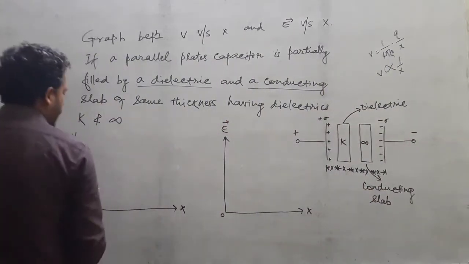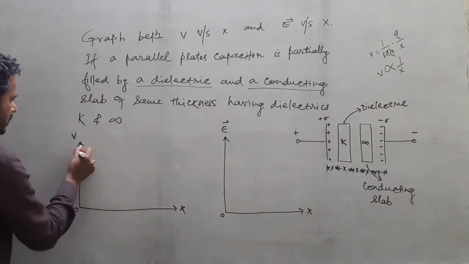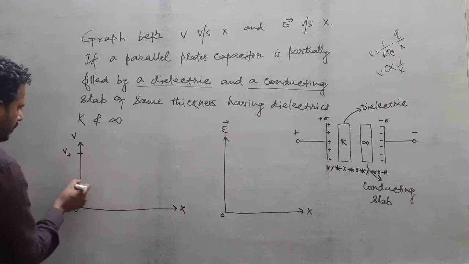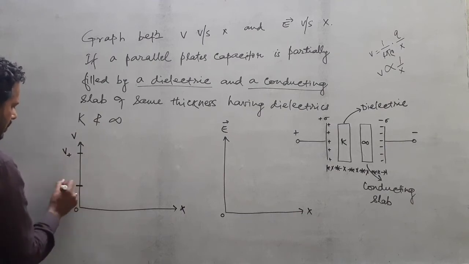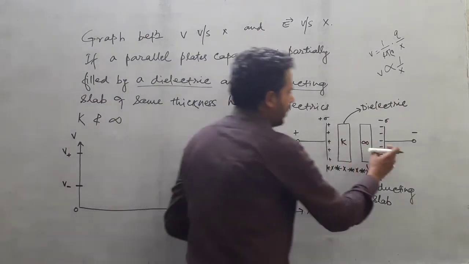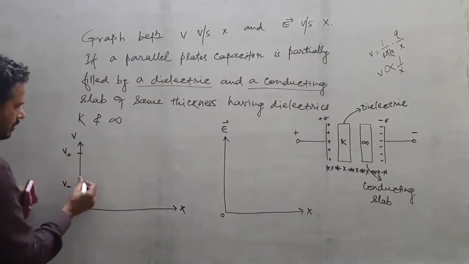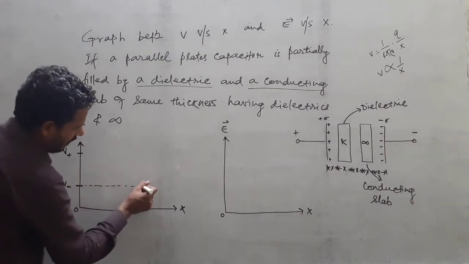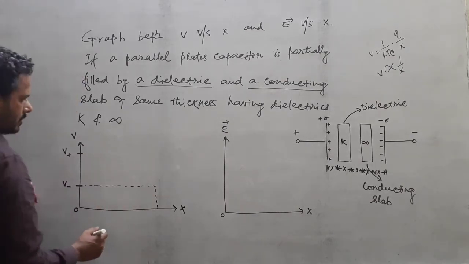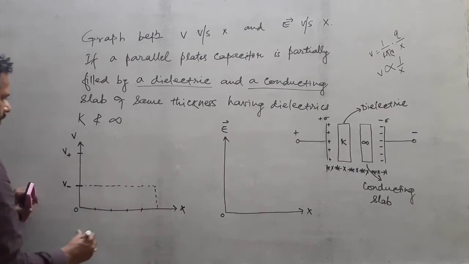So you take a graph here. Suppose here you get a maximum potential, V positive, and a minimum potential, V negative. So your potential varies from the positive terminal to the negative terminal. You make a graph like that, calibrating 5 equal parts: 1, 2, 3, 4 and 5.